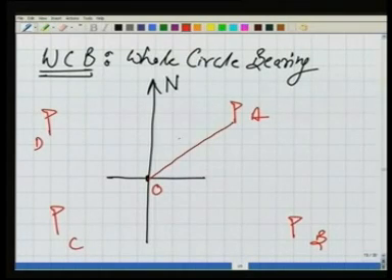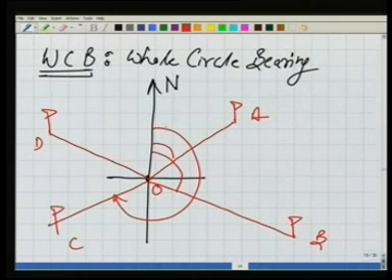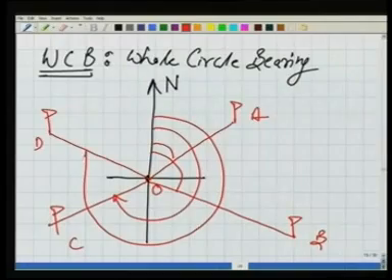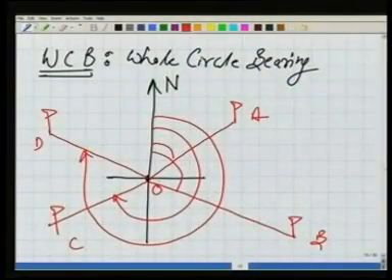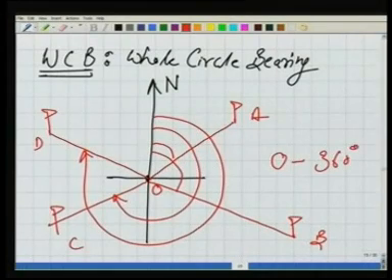So the bearings will be measured as, for example, the angle here, the angle here, and maybe this angle and this angle. So the whole circle bearing means measuring the bearing of the line, line OA, OB, OC and OD, from the magnetic meridian, always clockwise. So naturally this could be ranging from 0 to 360 degrees. That's the one system.